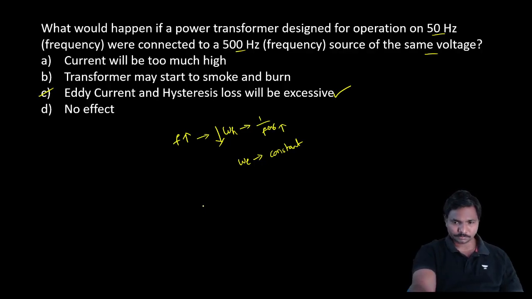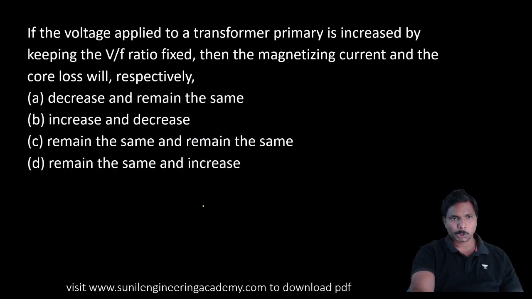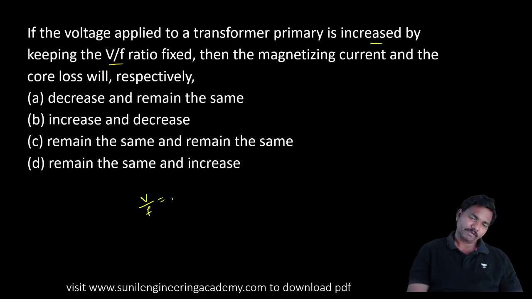Coming to the next one. The voltage applied to the transformer primary is increased by keeping the V by F ratio fixed. Here they have given the V by F ratio as fixed, I mean constant. If you want to keep V by F fixed and you increase the voltage, then automatically the frequency also increases. Then only you will get it fixed.